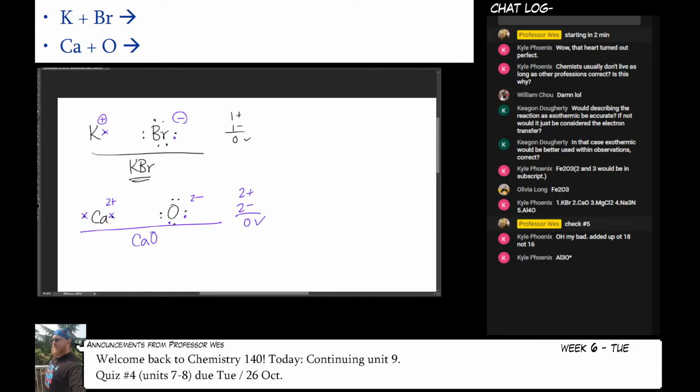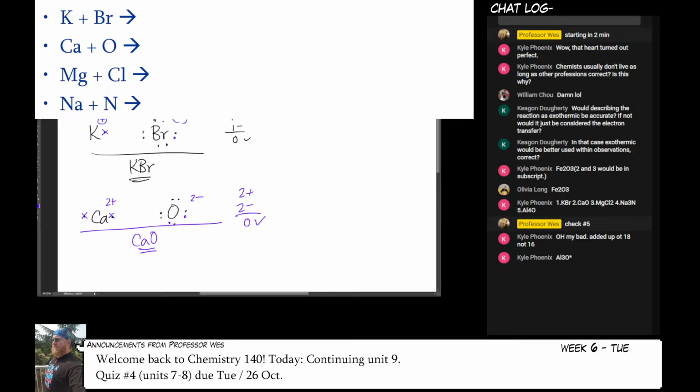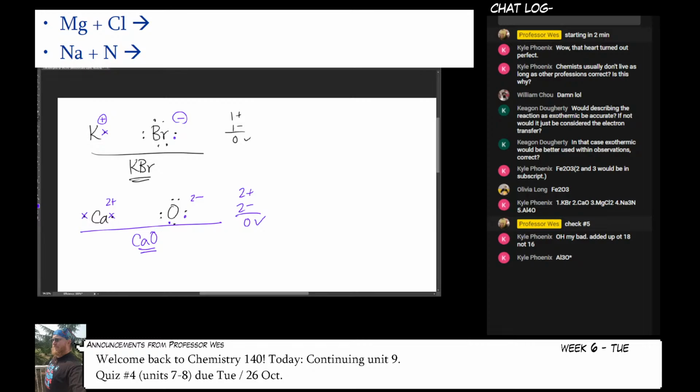And there you go. You're all set. Now for the next few, we have to start adding in extra atoms because the charges don't balance out conveniently.